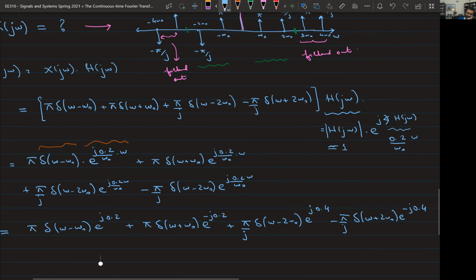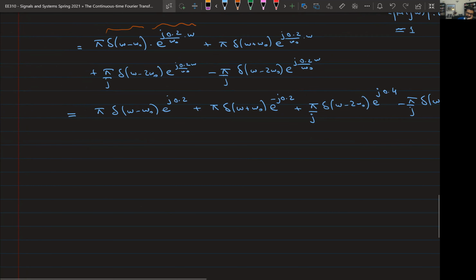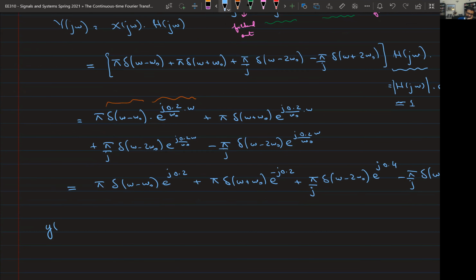And then if I need to compute the inverse Fourier, how do I compute the inverse Fourier for this? So what would y of t be? What is the inverse Fourier transform for this signal here?